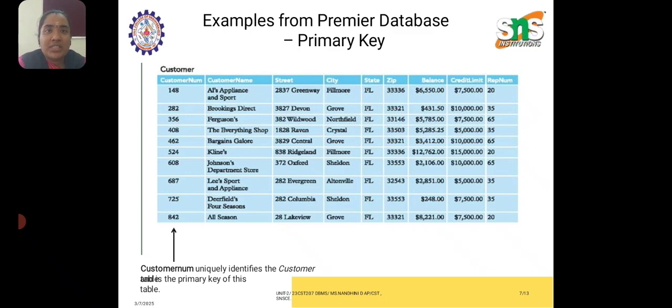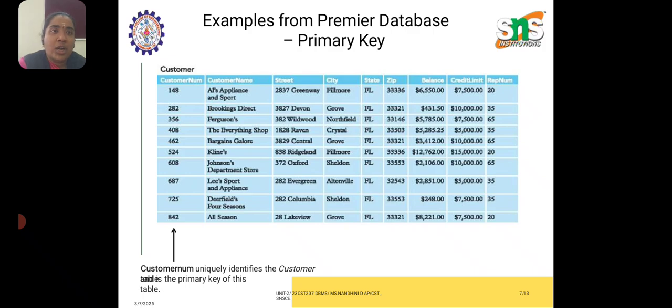For example, we have the customer number, customer name, street, city, state, zip, balance, credit limit, and rep number. Suppose I give a street name and I need to get the customer details. It is somewhat difficult because 282 is a street number found with Evergreen and also with Columbia, so we will get some confusion.